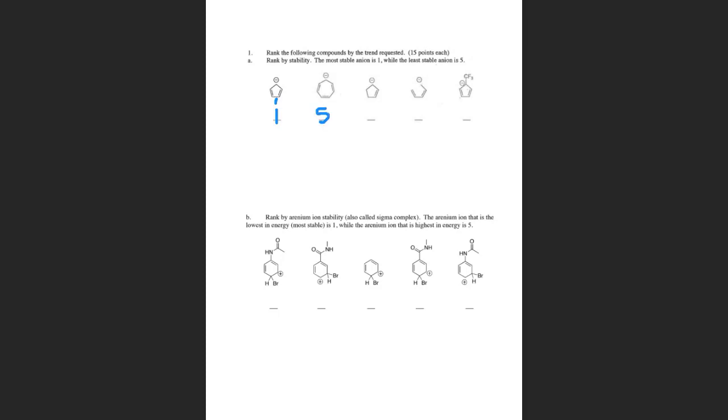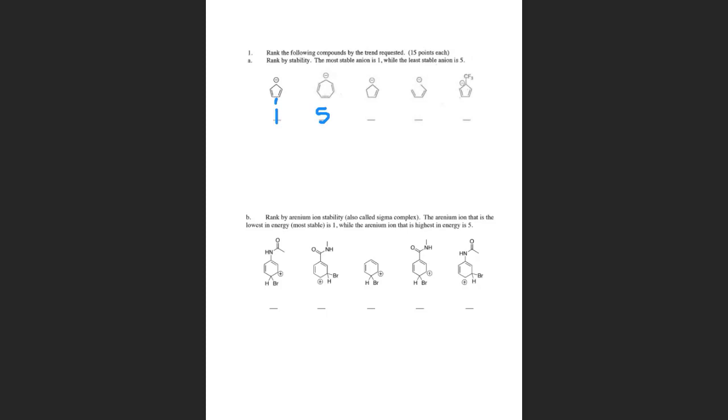And then for the next, do we have any other ones that are aromatic or anti-aromatic? E? Okay, so what is E and how should we rank it? Aromatic, okay, because it has 6 pi electrons, less than 1.